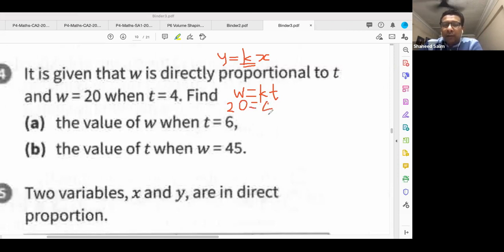So 4k equals 20. What is k? K equals 20 divided by 4. You will get 5.